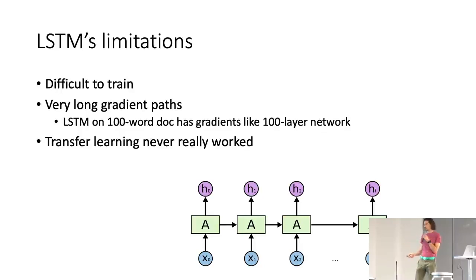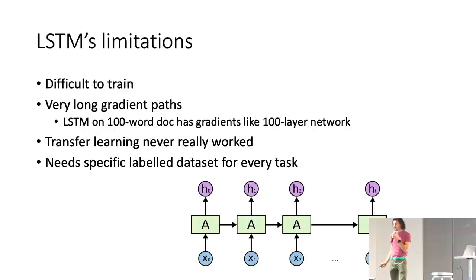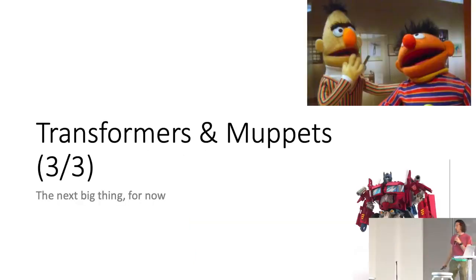That never really worked with LSTM. Sometimes it did, but it just wasn't very reliable. Which means that anytime you're using an LSTM, you need a new labeled data set that's specific to your task. And that's expensive. Okay, so this changed dramatically just about a year ago when the BERT model was released.